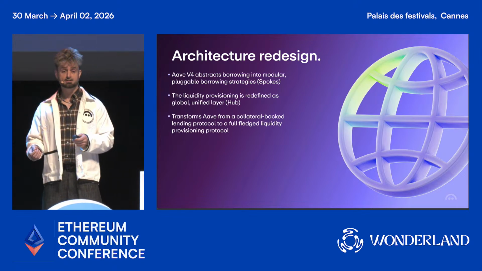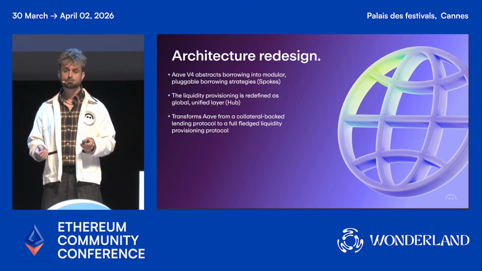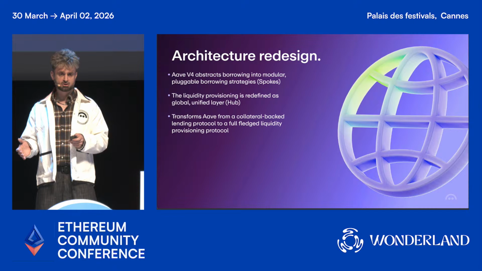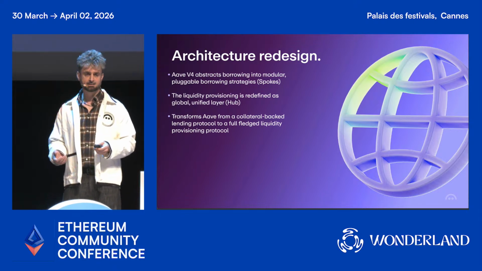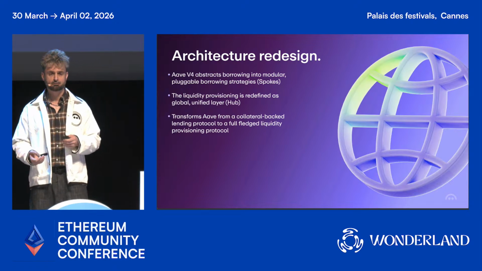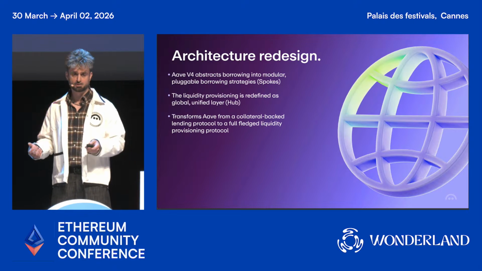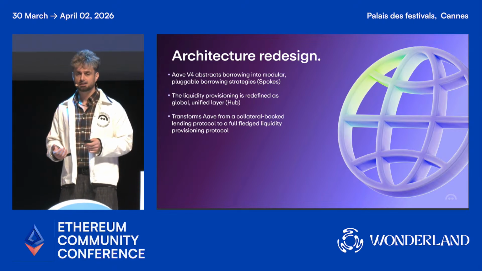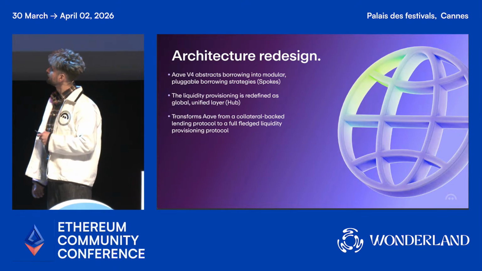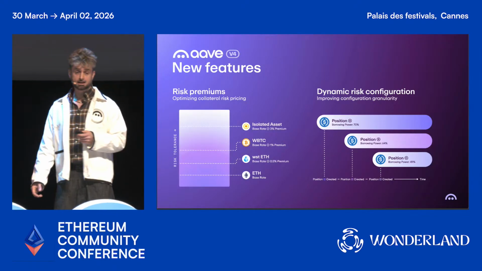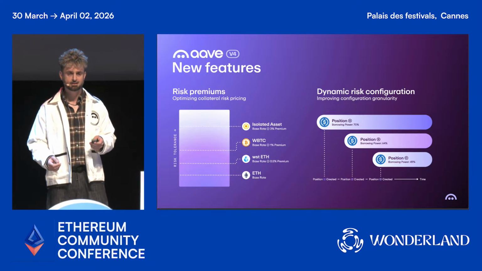This allows us to move away from one individual borrowing strategy, which is deeply tied in how the protocol works, and actually extend the protocol's functional capabilities by adding different borrowing strategies that might be following very heterogeneous approaches, okay?